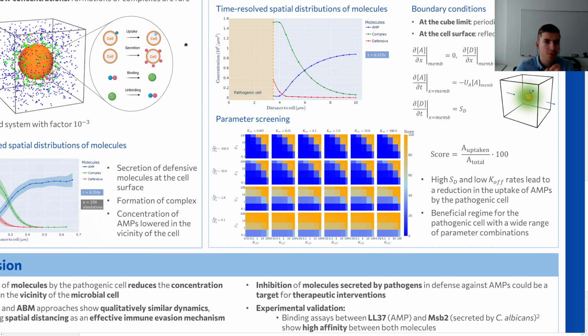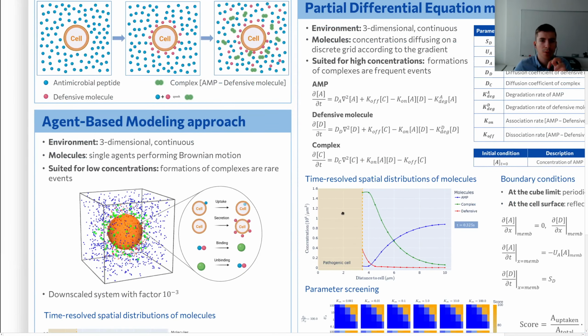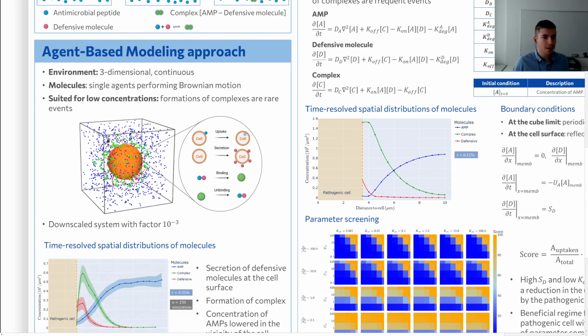So this was for the PDE approach, and we also used an agent-based modeling approach. We again have our three-dimensional environment, but the difference is that now we consider the molecules as single agents that perform a Brownian motion. Here is how it looks, and we have again the same interactions as in the PDE.